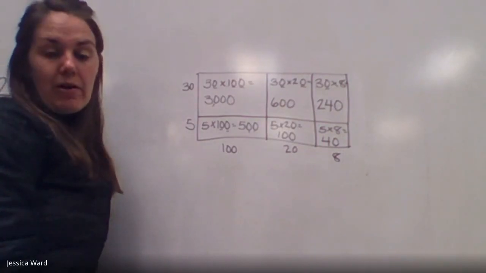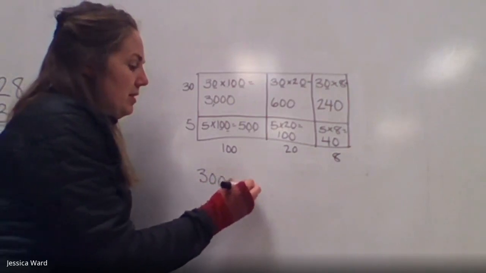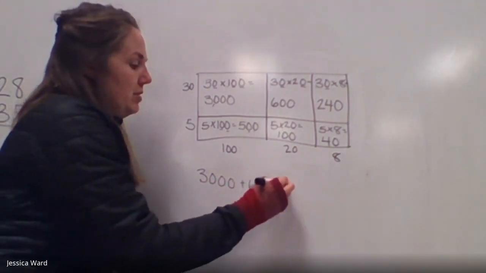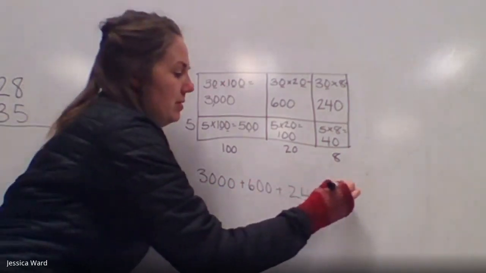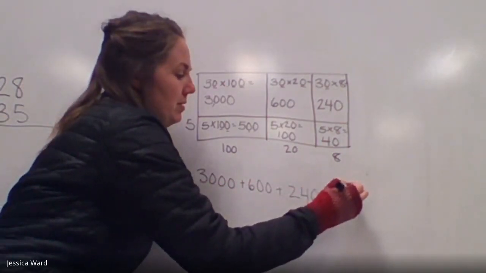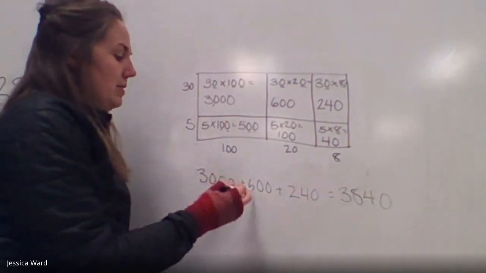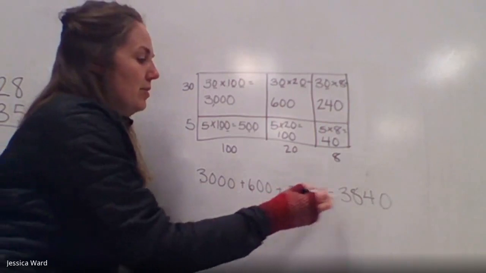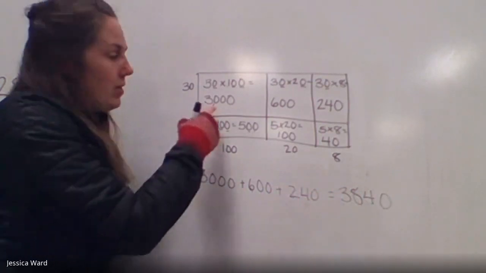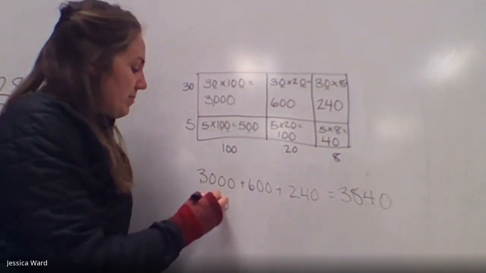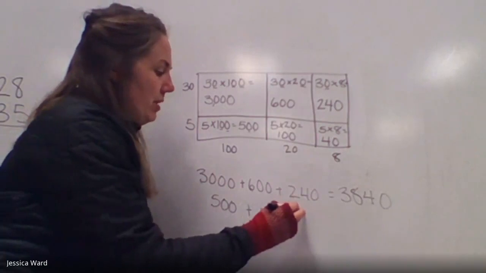Now I could add all of them up. 3,000 plus 600 plus 240 in the first row is going to be 3,840. And then I could also add up my 500 plus 100 plus 40.